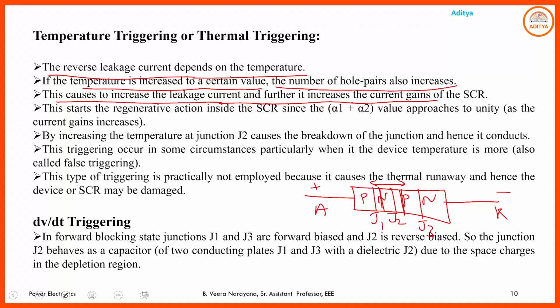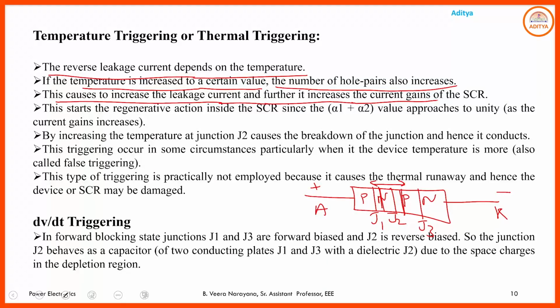From a theory point of view, this temperature or thermal triggering is used to turn on the SCR, but from a practical point of view it is not considered. Why? Because if the junction temperature exceeds its rated value, the SCR may be damaged. Hence for practical applications, we never consider this temperature triggering.